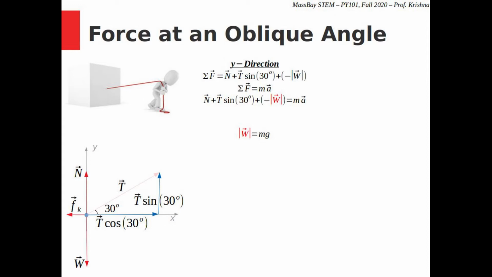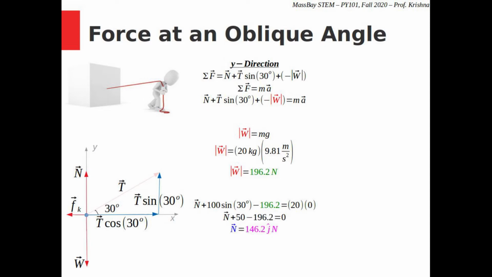We first need to find the weight. It works out to 196.2 newtons. The object is not moving in the vertical direction, up or down, so the acceleration in y is 0. Substituting in the weight and the value of tension, the only unknown is the normal force. It works out to 146.2 newtons. Now we turn to the x direction.